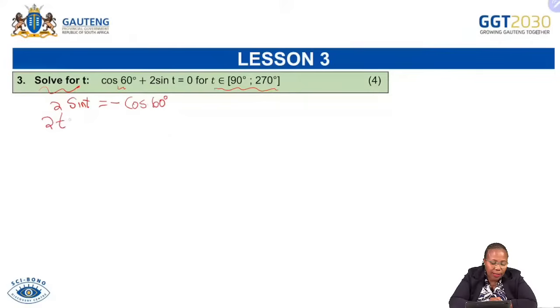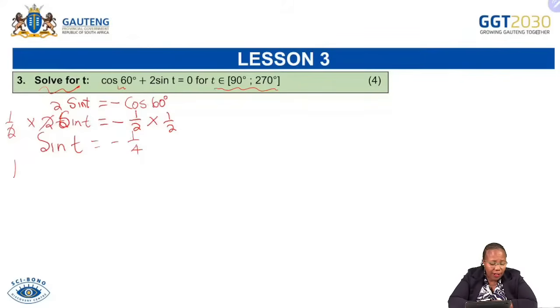2 sin t is equal to minus, what is cos 60? Cos 60 is a half. And then now we divide both sides by 2 or multiply by 1 over 2 to cancel that 2. So the sine of t will be equal to negative 1 over 4.